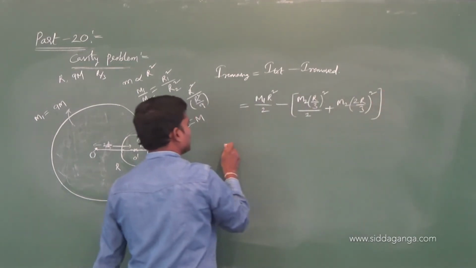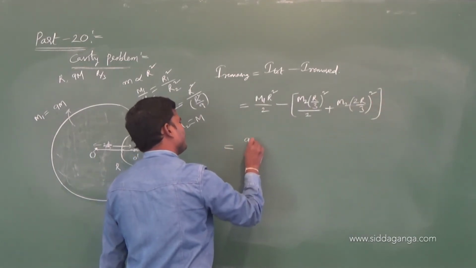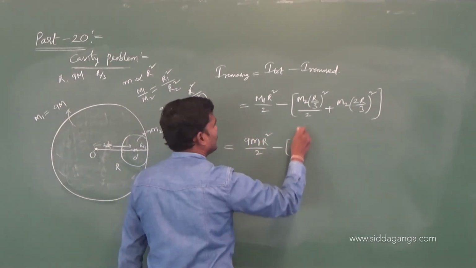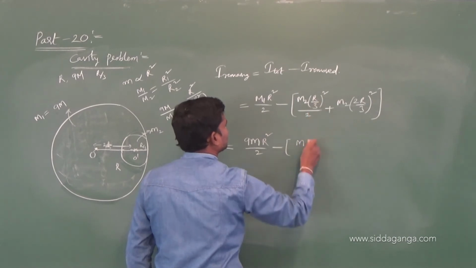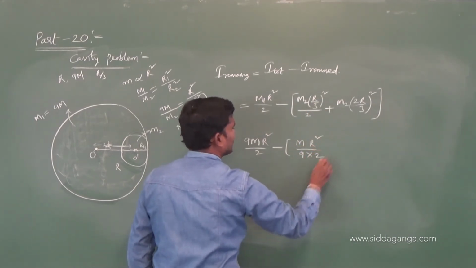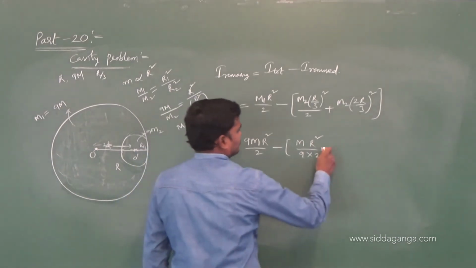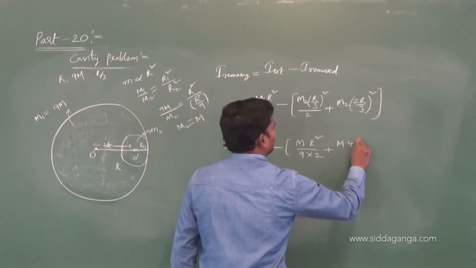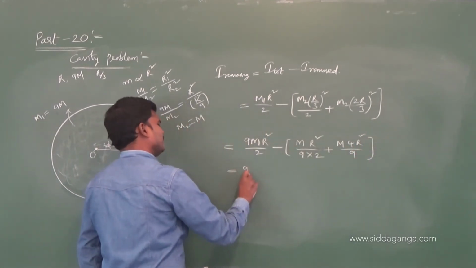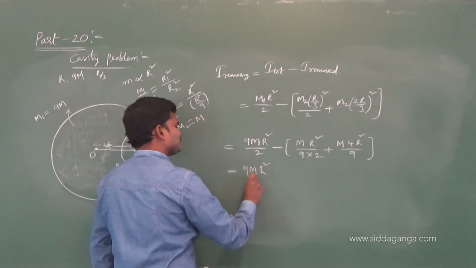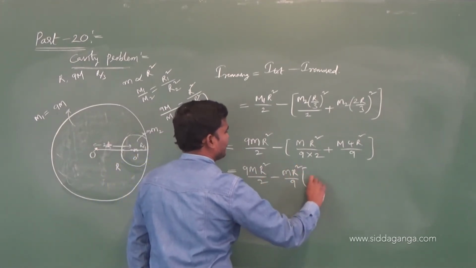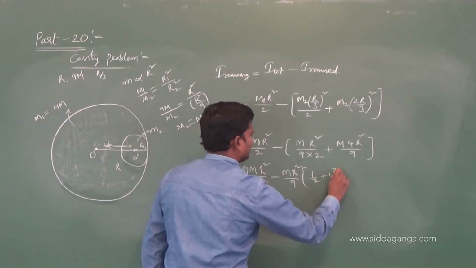Now do the simplifications. What is m1? 9m r square by 2. m2 is m, this is r square by 9, already 2 is there, let me write 2 as it is. m into 4r square by 9. Let me write 9 m r square by 2, minus m r square by 9, 1 by 2 plus 4.